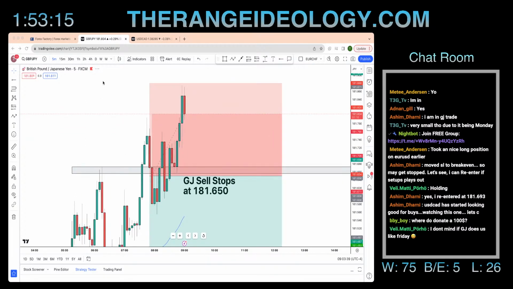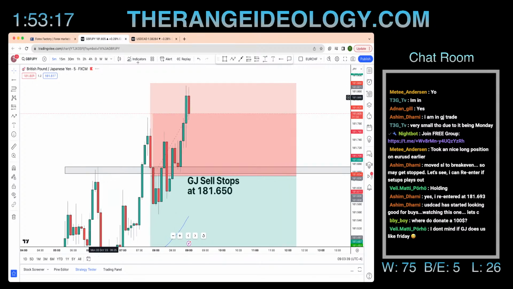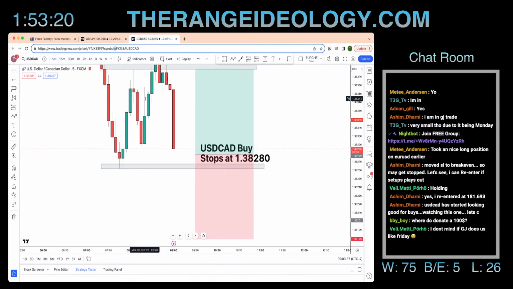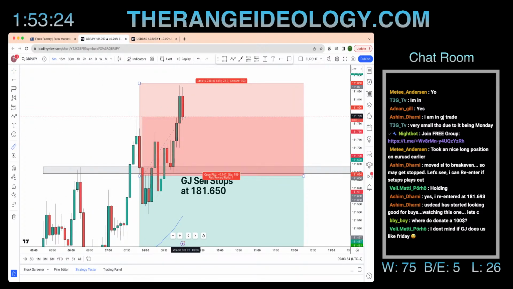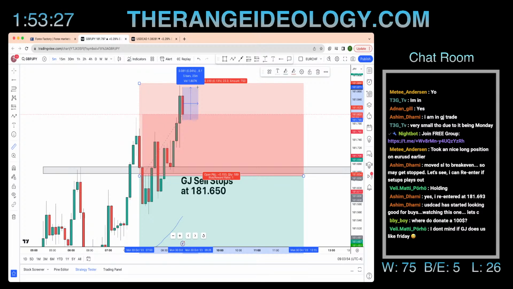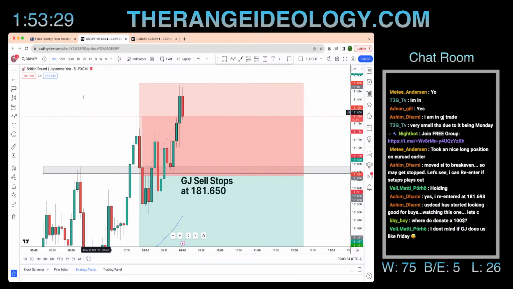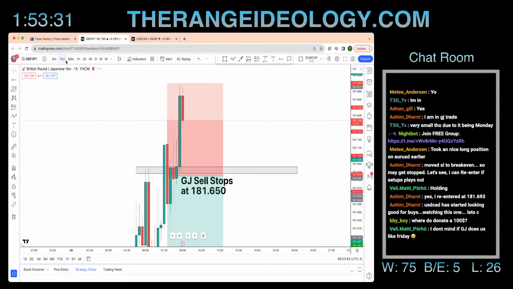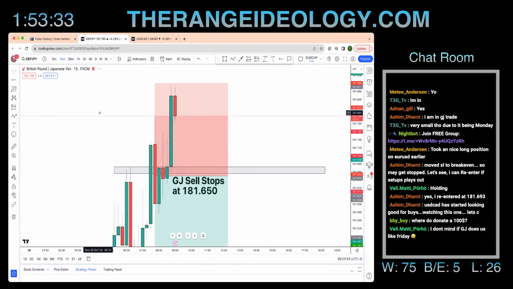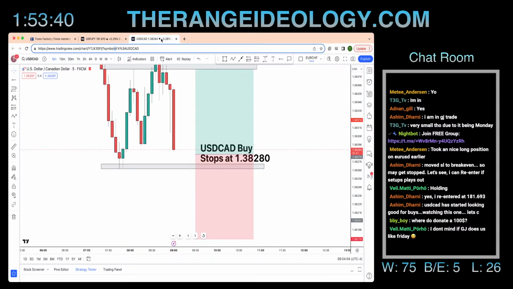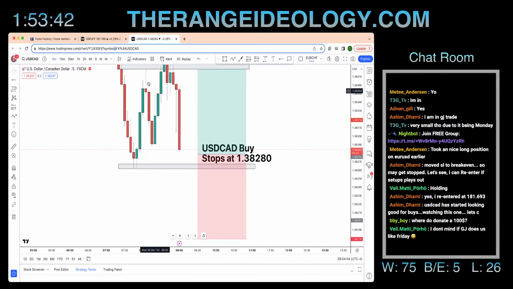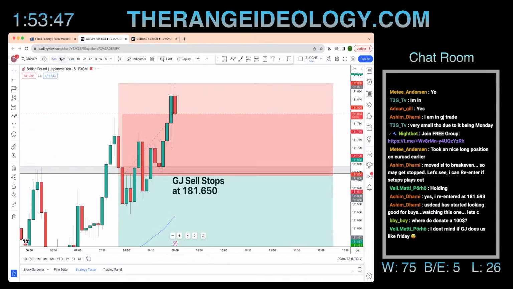And then this trade will survive. Wow. Wow. Could it make that full push back down? And here's USD CAD, guys. Need a stronger push to continue that move.